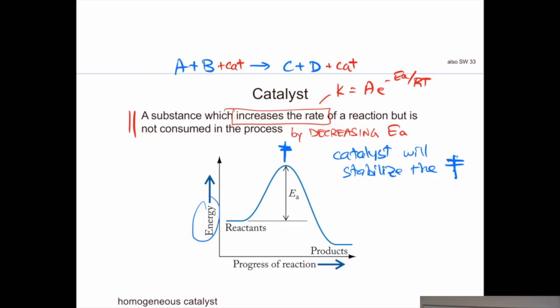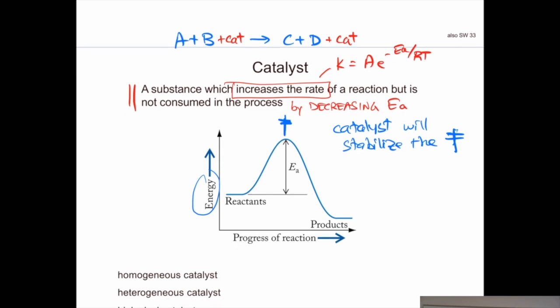There are stabilizing forces that the catalyst provides so that it takes less energy to keep that transition state stable. It lowers the amount of excess energy or external energy necessary to stabilize it, because by interacting with the catalyst, it's already more stable. Does that make sense? So if we put a catalyst in here, the profile will look like this.